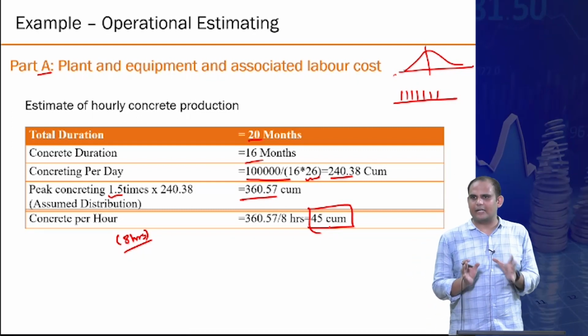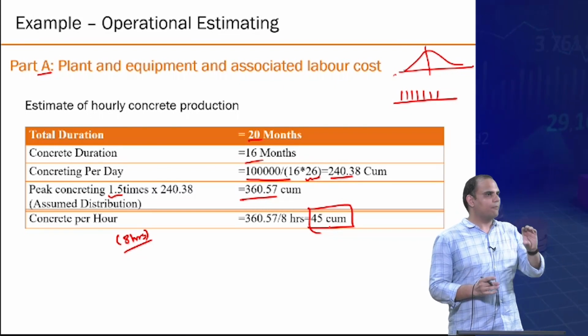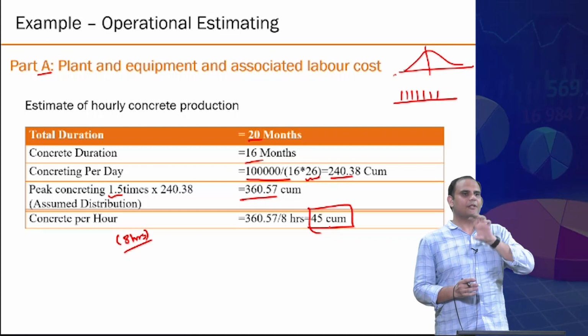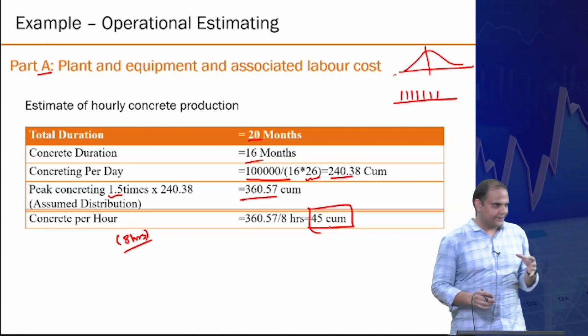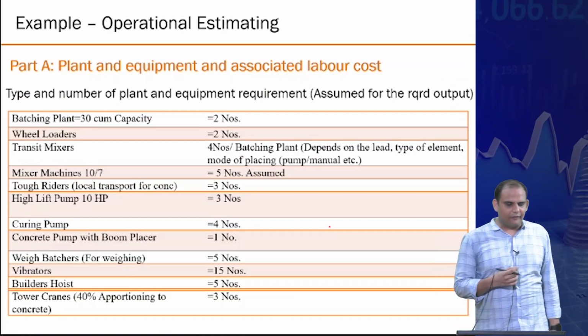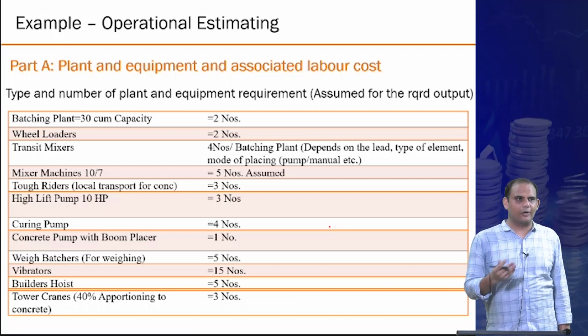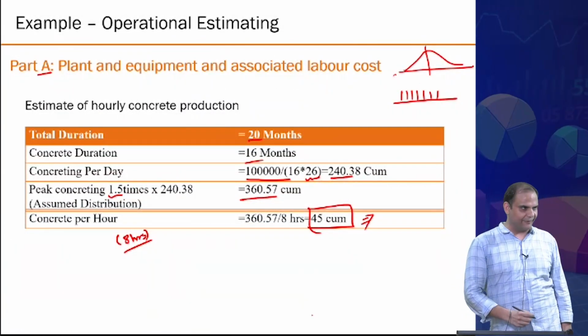Right? This gives you an idea of the corresponding number of laborers that you need, the number of equipment you need, the number of plants you need, and all those things, right? So here I have given you the list of equipment that you will require in order to serve this demand of 45 cubic meters per hour.